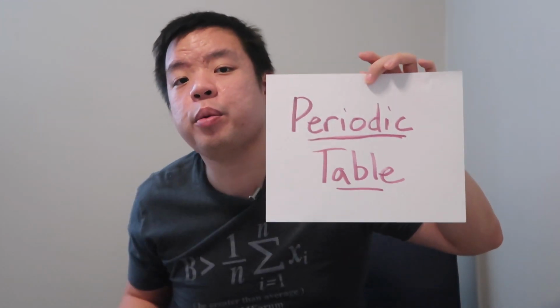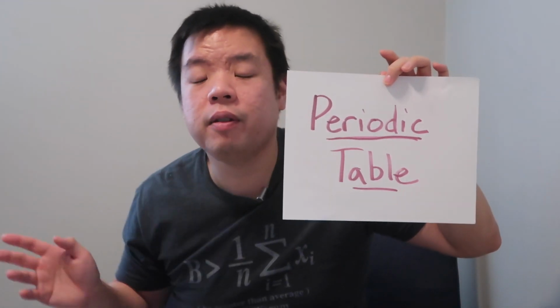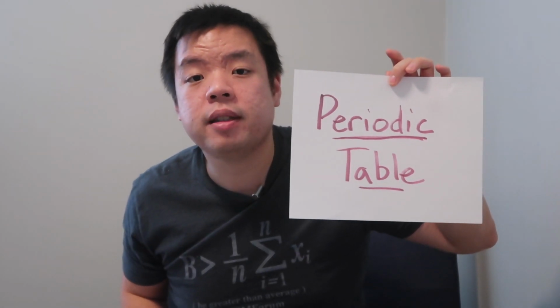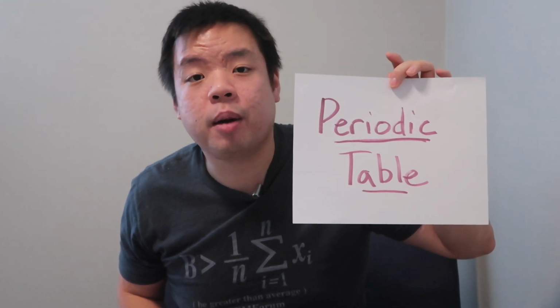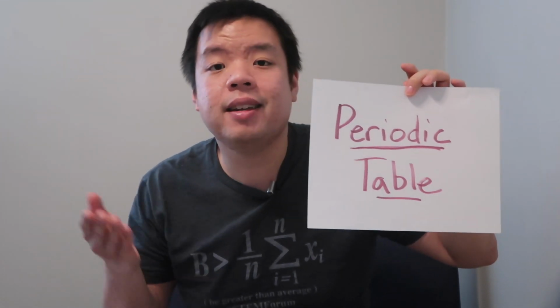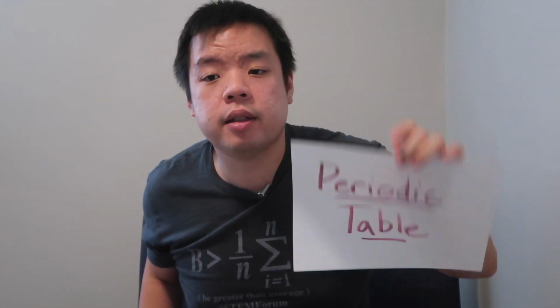Their atomic number on the periodic table is actually equal to the number of protons. The periodic table is how we organize all of our different elements, and that is based on an atom's atomic number, also known as its number of protons.